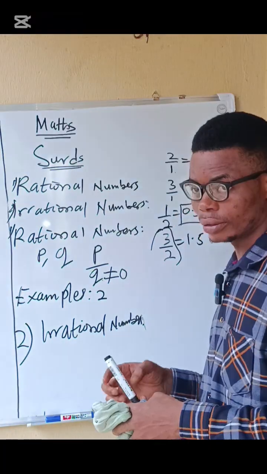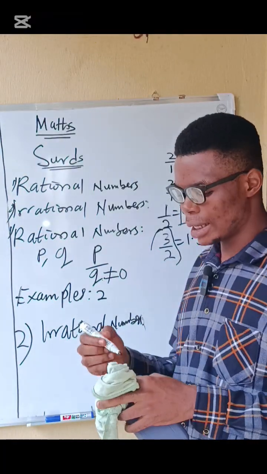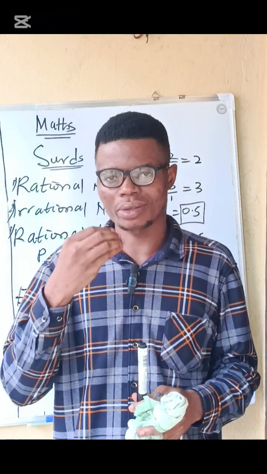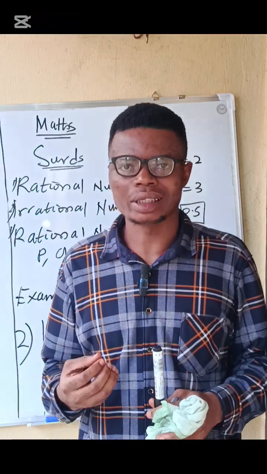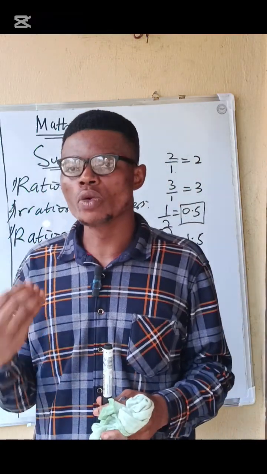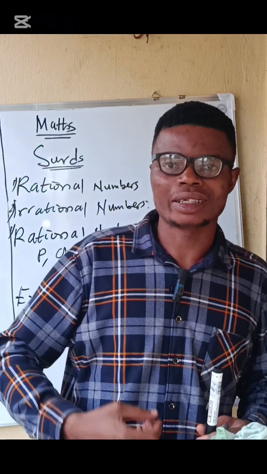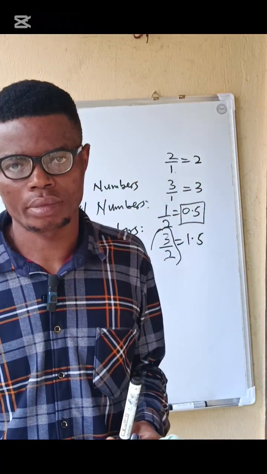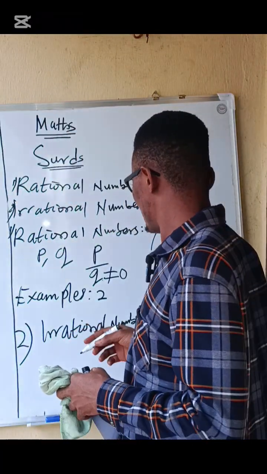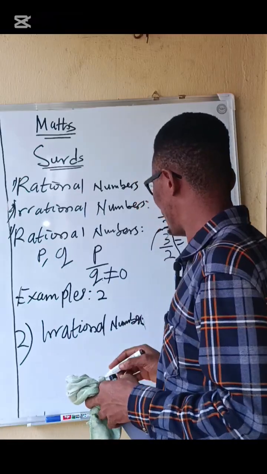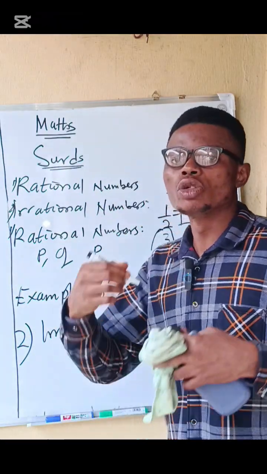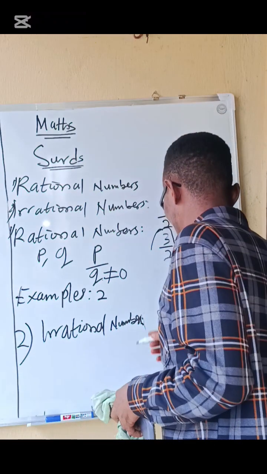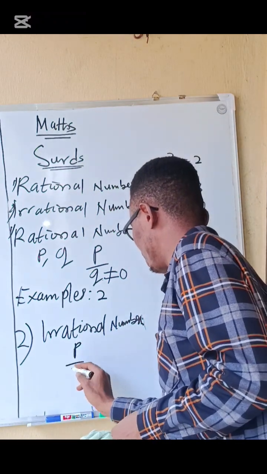So let me take this one. Irrational numbers are those numbers which cannot be expressed as a ratio of two integers. They are those numbers which cannot be expressed in a fractional form. Look at the board. It means that you want to find two integers such that when you divide, you have this number. You won't be able to do it. Take for instance, we have the same thing here, p and q.